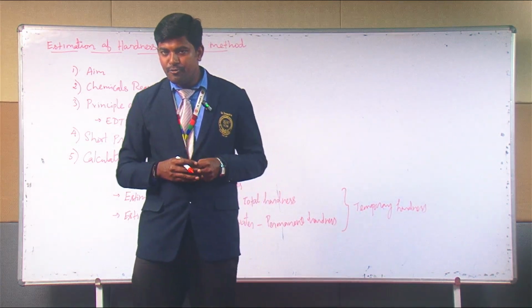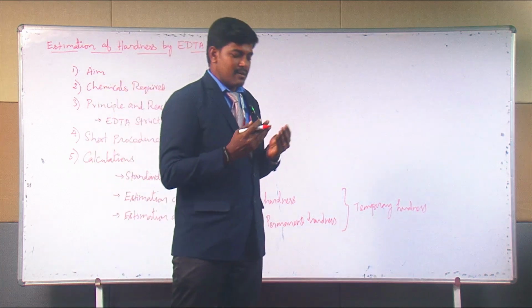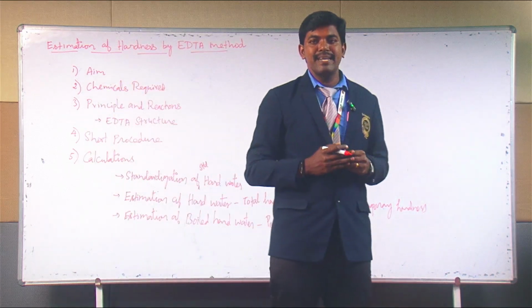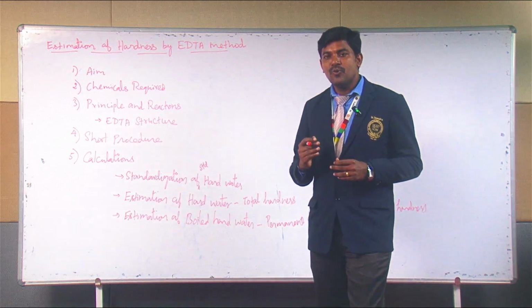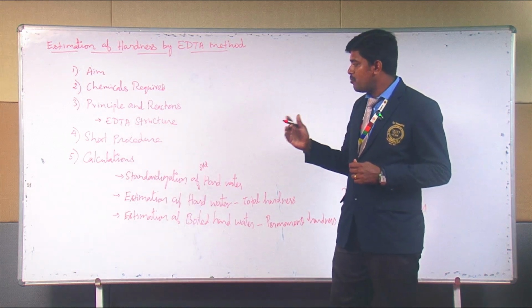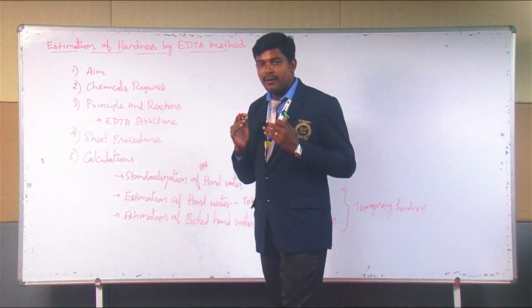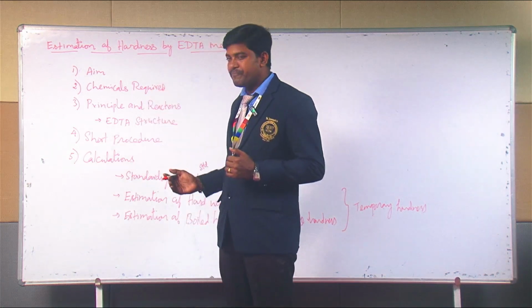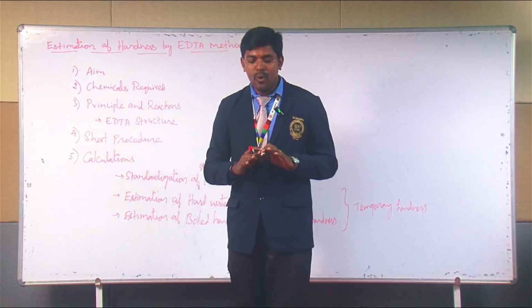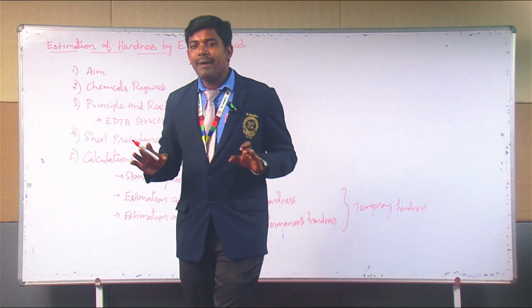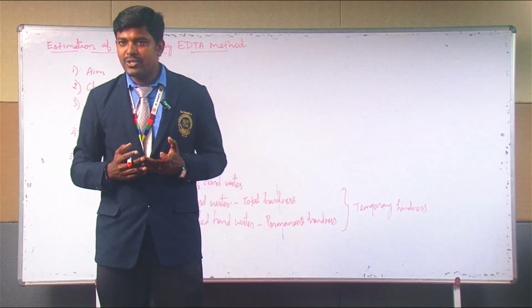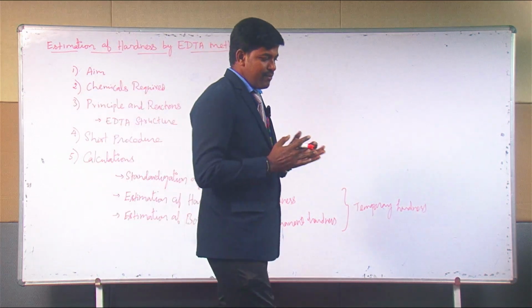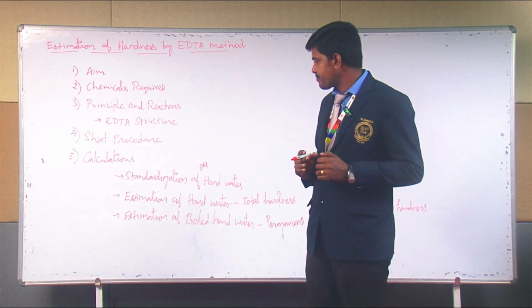Second one, estimation of sample water, and third one is the estimation of boiled water. For these three titrations, how the titrations are done, that short procedure we are going to discuss in the next step. Finally, calculations. Once the titration is done, by the burette value we need to calculate. So the calculation we are going to discuss in the last step.